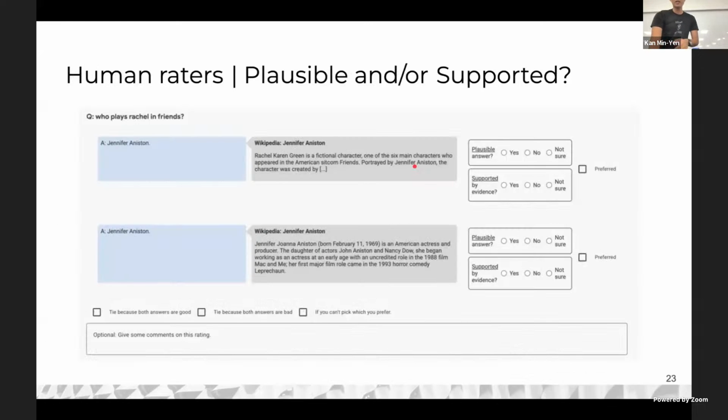So this is actually a plausible and supported answer. It is a good response, a natural human response, and it's also supported by evidence. However, the second example is a supported response, but it's not natural. You won't talk about a person's biography when you're simply trying to ask whether this person played this character in a particular movie. So the idea of plausible and supported, once again.